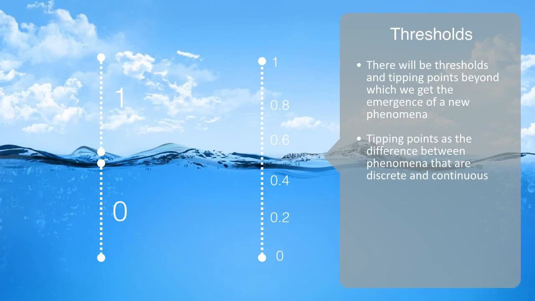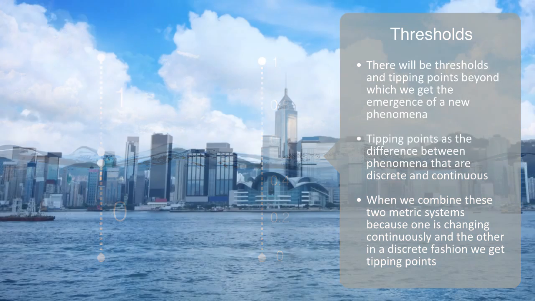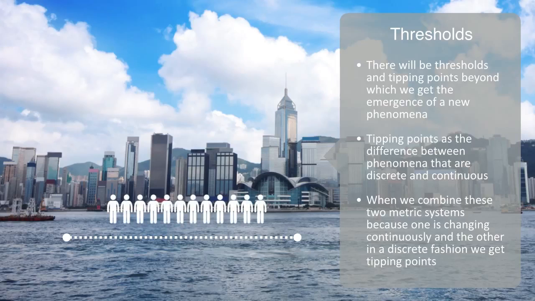When we combine these two metric systems, because one is changing continuously and the other in a discrete fashion, we get tipping points. To illustrate this, imagine the government in a country makes a policy that once a city reaches a threshold of 1 million people, then they'll fund the building of an airport for that city. The result is that the population may be growing at a steady state for many decades or even centuries without any airport.